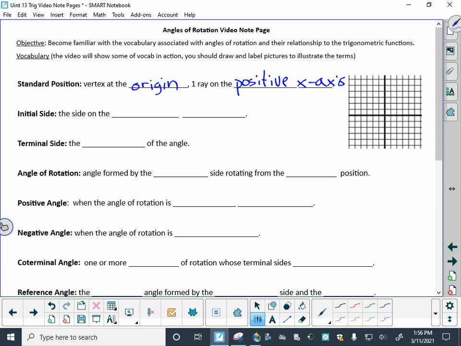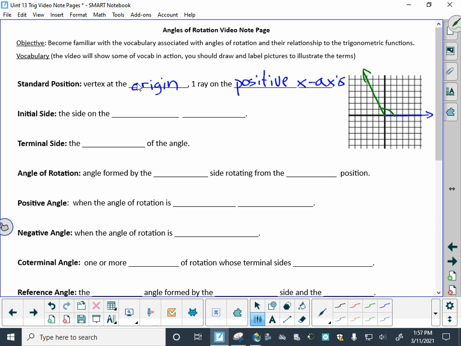We've got one side on the positive x-axis, and the other side can really be anywhere in there. I'll do it in a different color. So we might have the other side there, and this angle is what we refer to as an angle of rotation in the standard position.